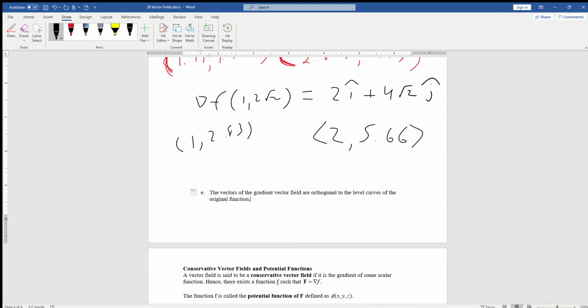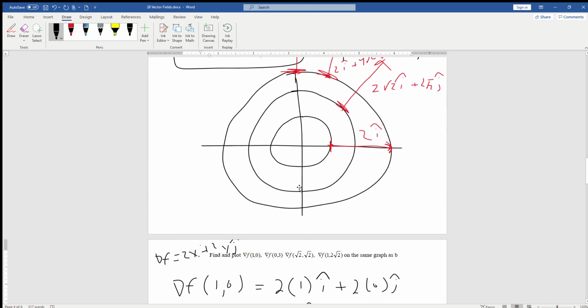And I guess we should say orthogonal to a level curve of the original function. And we're not necessarily sure which one it is, but it's going to be a point on a specific level curve. All right, so that's the relationship of the gradient vector field.